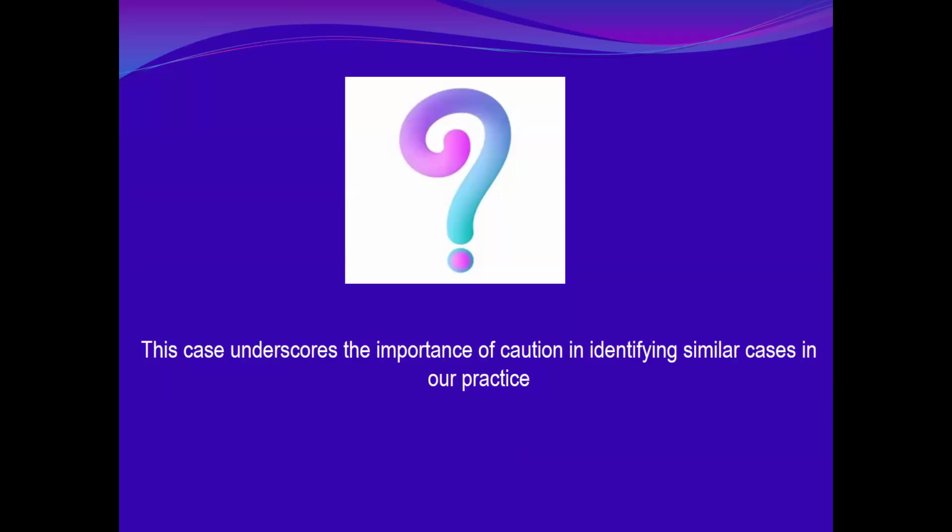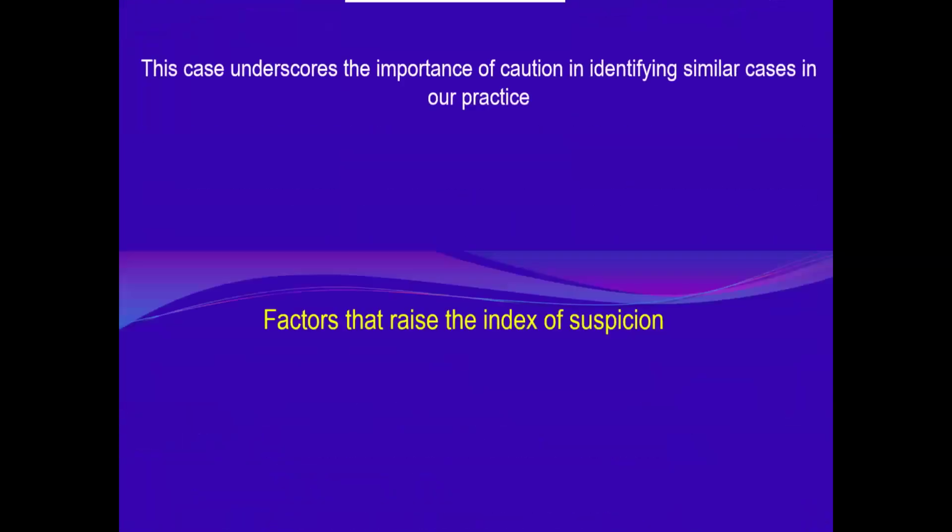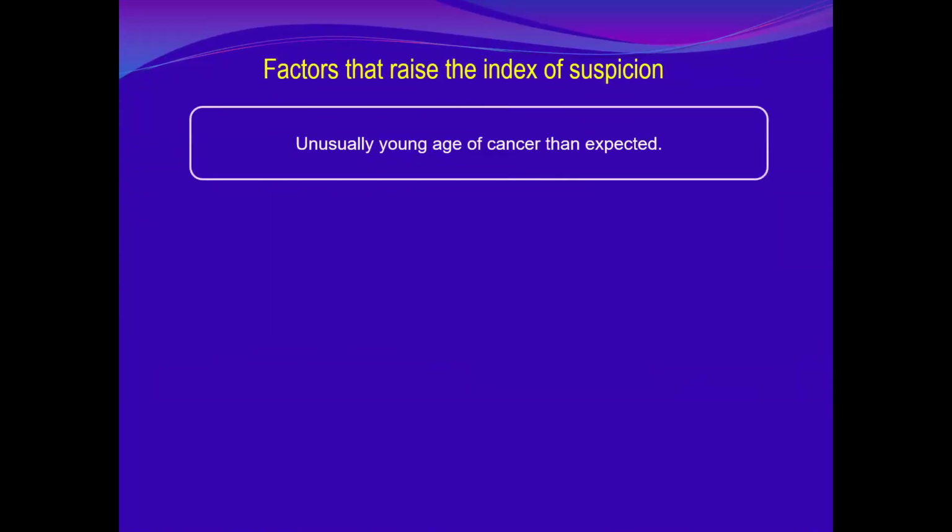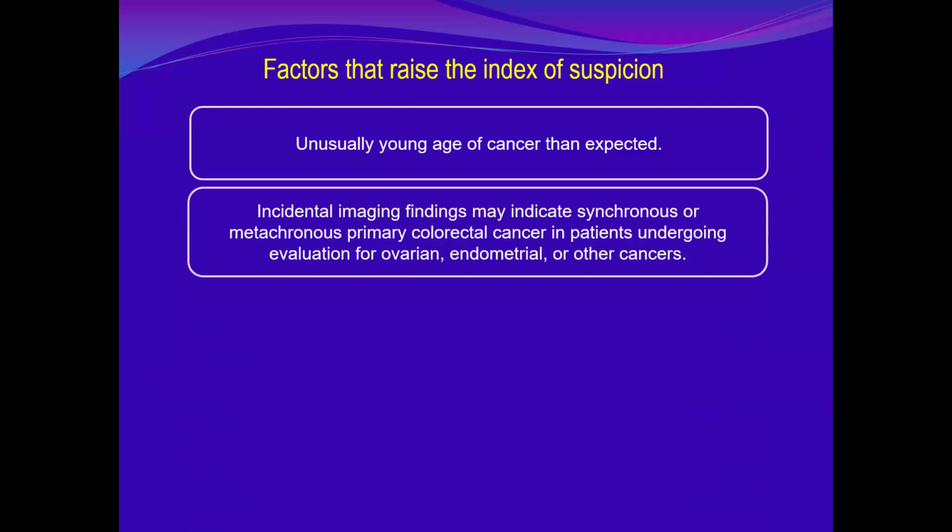This case underscores the importance of caution in identifying similar cases in our practice. We have to think as radiologists, not just give descriptive reports. We have to share in the management of the patient and suggest a diagnosis, and we have to think about the factors that raise the index of suspicion: if the patient is of younger age than expected for cancer, or there are incidental imaging findings of synchronous or metachronous cancer.